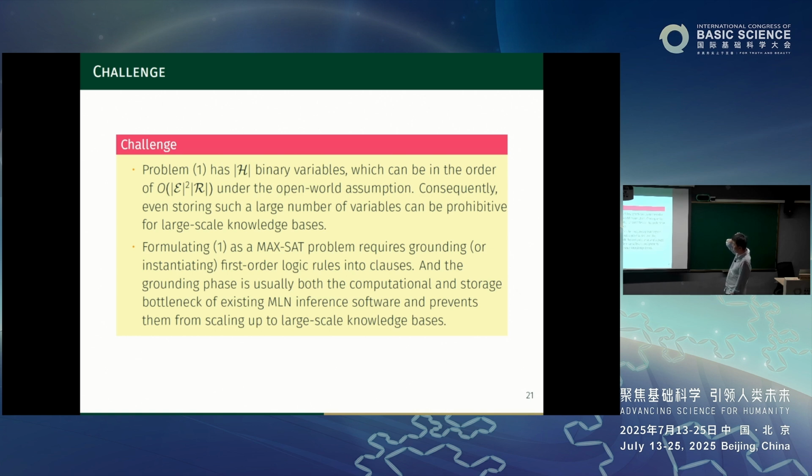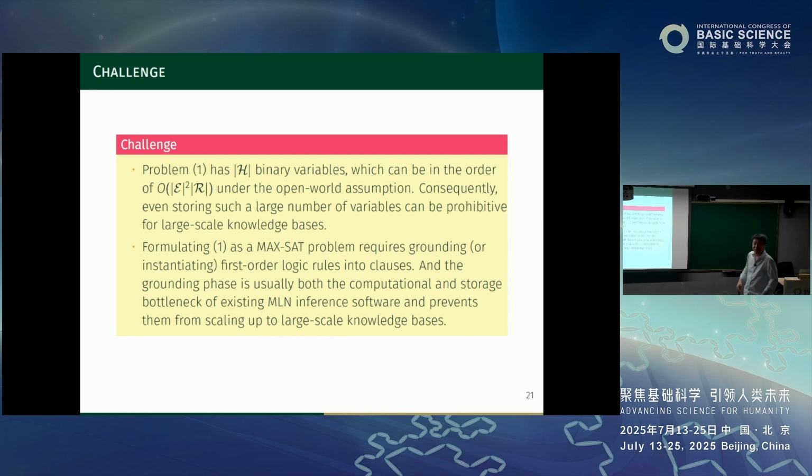Okay, I need to explain what the open world assumption is. Open world assumption means that you also assume sometimes your observation is wrong. Consequently, even storing such a large number of variables can be prohibitive for a large-scale knowledge base. The entities can be billions, for example, and relations maybe thousands.